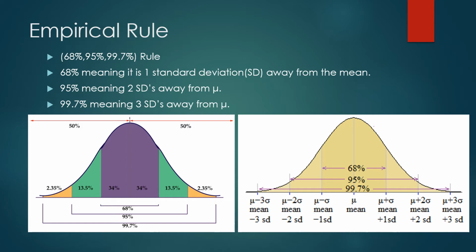You can see in the picture on the right that this straight line represents the mean, and it shows that 68 is one standard deviation, 95 is two standard deviations, and 99.7 is three standard deviations away.